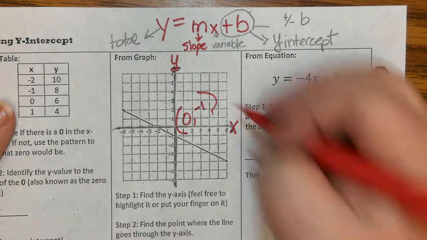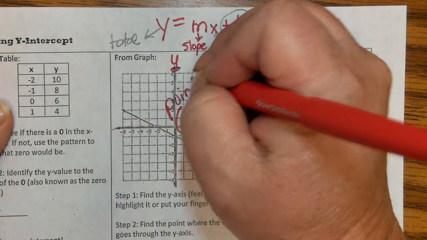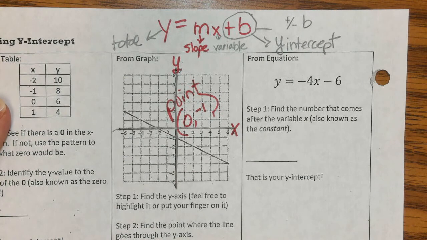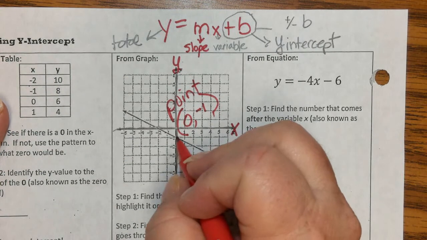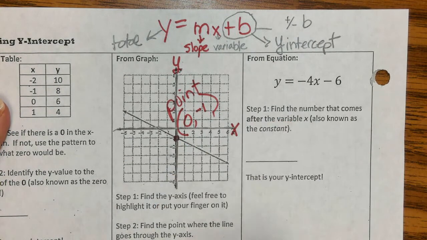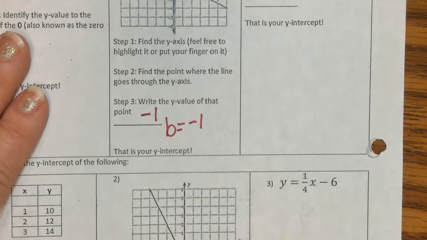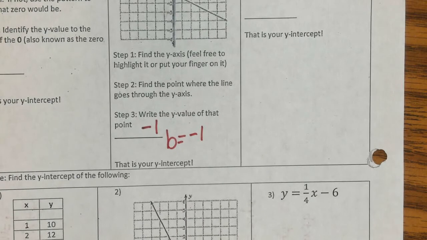That is the point. We don't want to know what the point is. We want to know what the y value is when that line crosses the y-axis, and that is -1. So your b is equal to -1. That's your y-intercept. And that will become really important eventually.